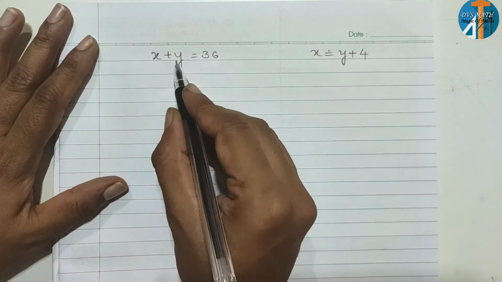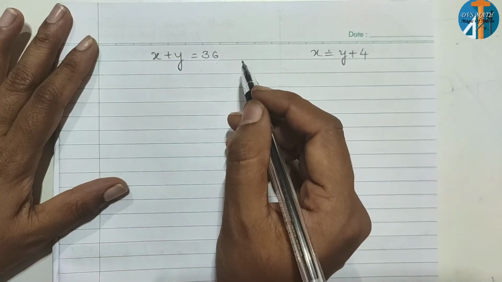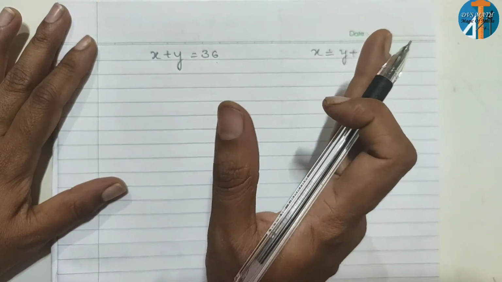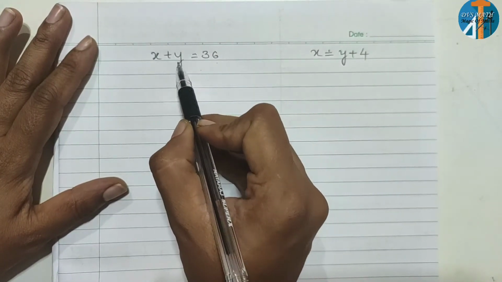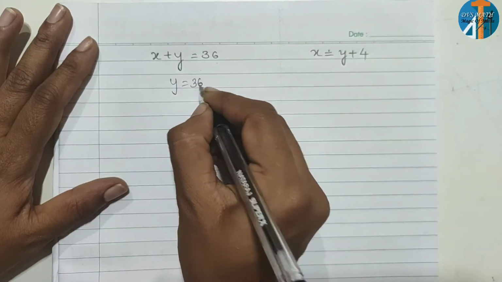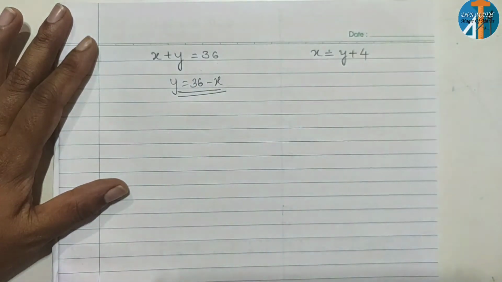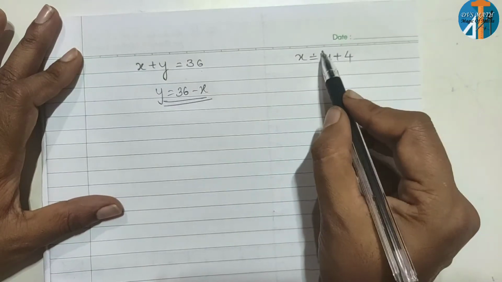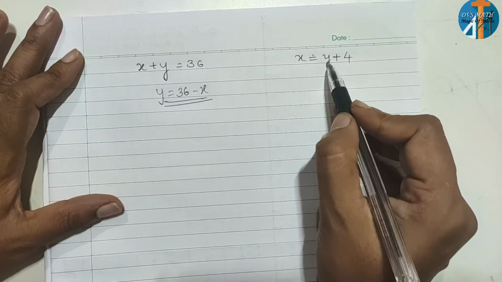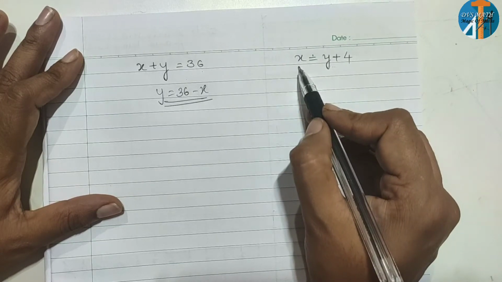As I always told you, the equation must be in y, and check whether y is positive or negative. So y is positive here, let it be in LHS, take x to the RHS. So y is equal to 36 minus x. Now you got one equation. Again here, y is in RHS only, so let it be there, because if we take it here it becomes minus, so no need to take.